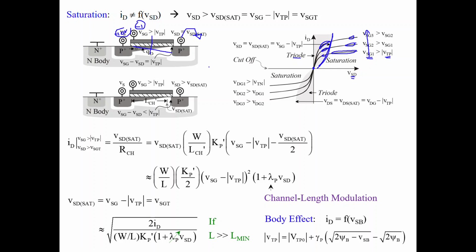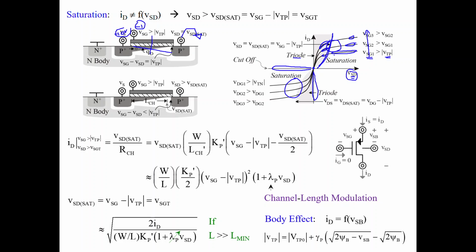So the current flows in the opposite direction. So what we see here is that if we take the source drain voltage and we make it negative, we're going to get current flow in the negative direction. And this current flow is going to be exactly the same, and it's a mirrored reflection of the first quadrant. So that's why we see these currents here are the same as these currents.